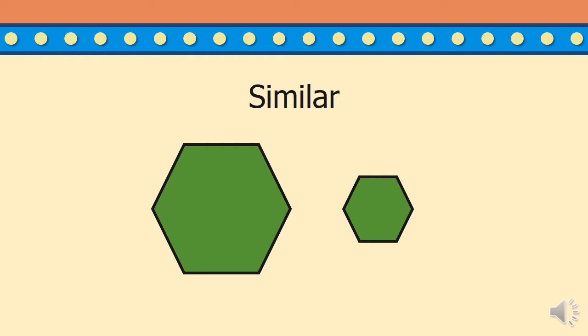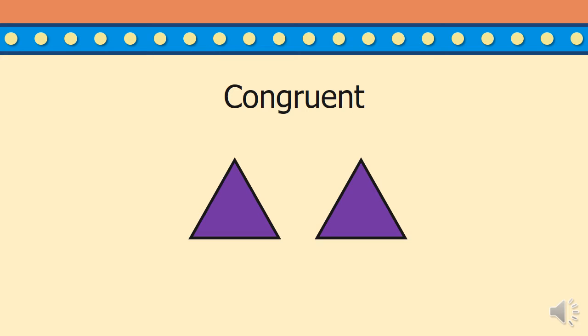We also learned about shapes that were similar. In this situation, we have a hexagon, 6 sides, 6 angles, 6 vertices. And they are exactly the same shape, but the left one is larger than the one on the right. So we say that these shapes are similar. Any two shapes that are exactly the same shape are similar. If you want two shapes to be congruent, they not only have to be the same shape, but they have to be exactly the same size, meaning that you could stack them on top of each other and they would exactly fit.